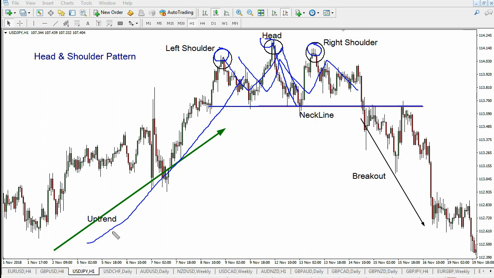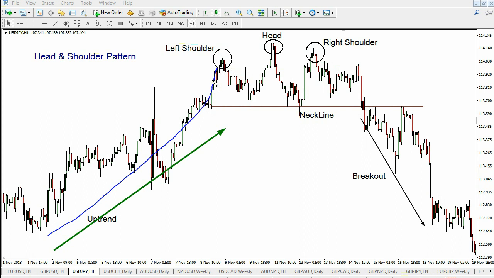So the buying pressure dries up and the market tests the downside to the neckline, which we say is a support, or the neckline of a particular pattern.